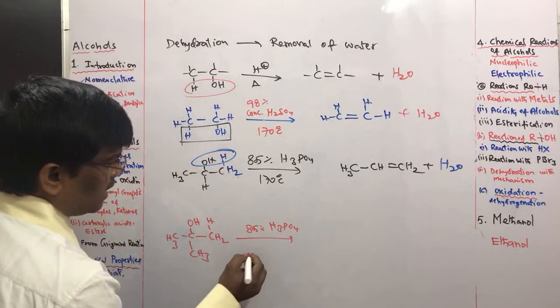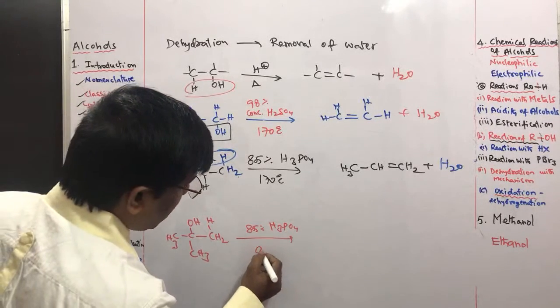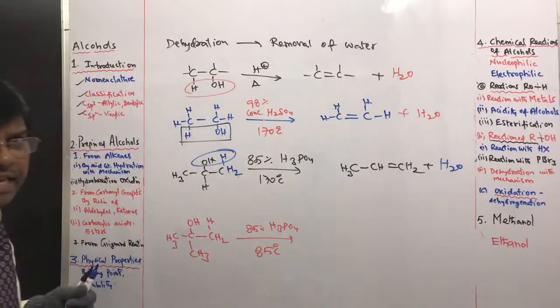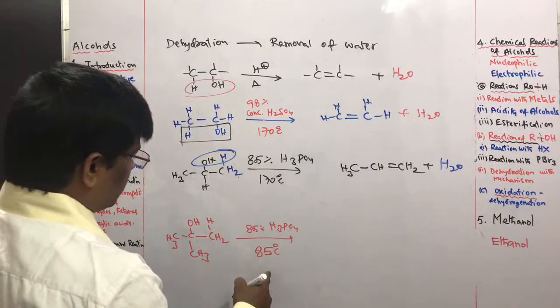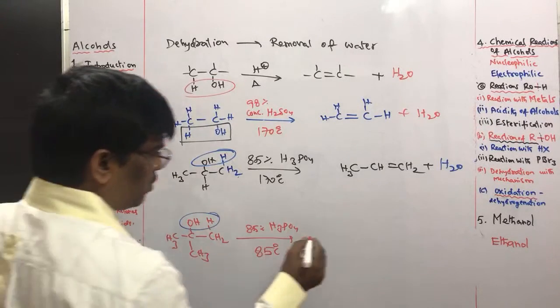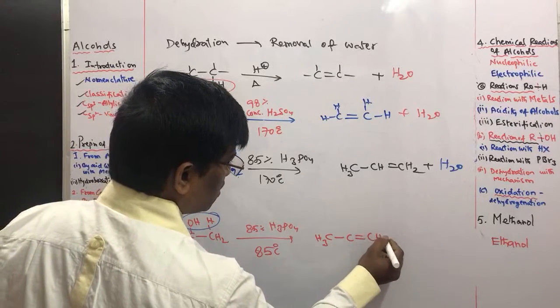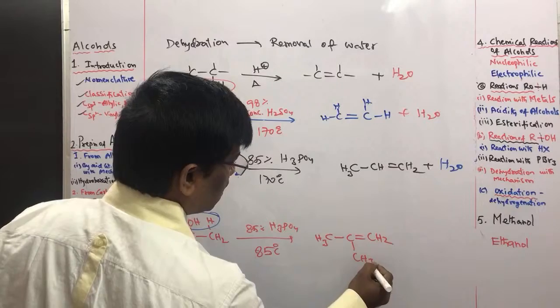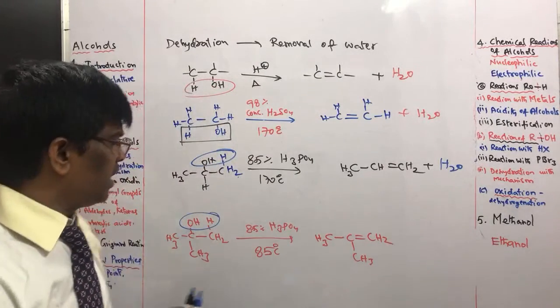It is a mild acid, and just at about 85 degrees centigrade, the temperature below the boiling point of water. So it is going to lose this water and give this alkene.